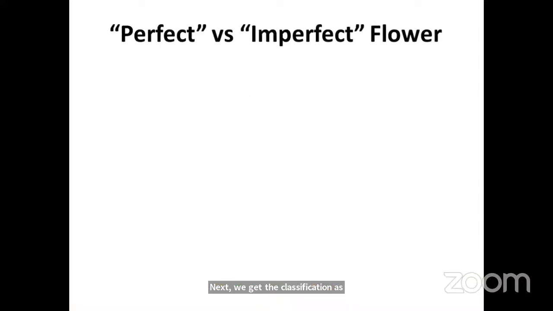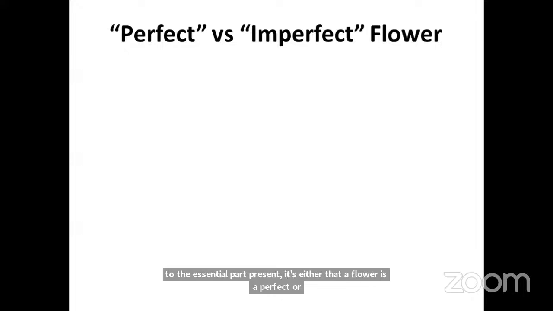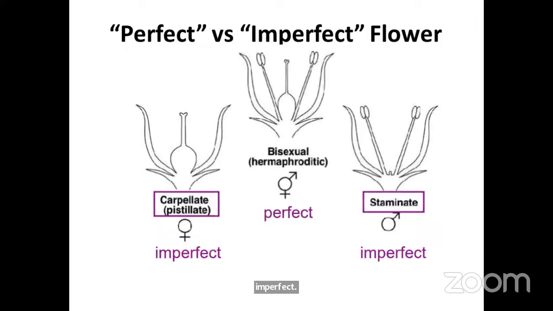As to the essential part present, a flower is either perfect or imperfect. It means a complete flower is actually a perfect flower.